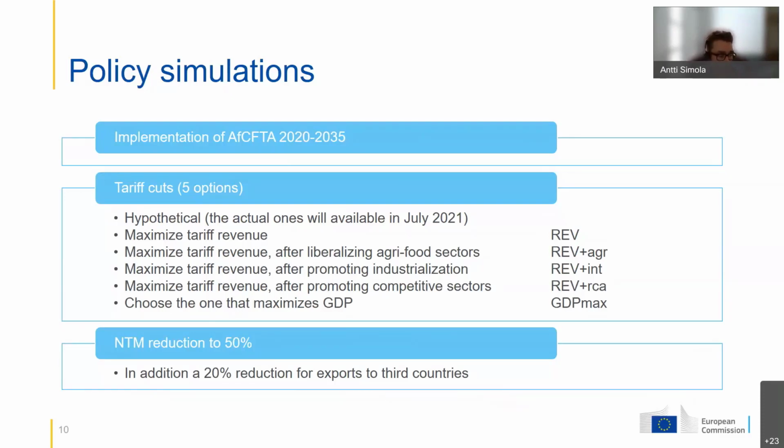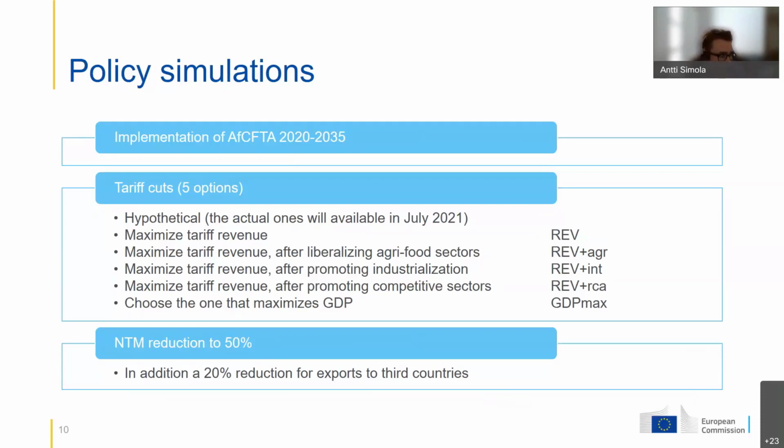In magnitude, our NTM assumptions are in line with the recent World Bank study, but we have one twist concerning the modeling of the NTMs, because we use a mixed approach where we allocate NTMs to productivity costs, iceberg costs, and ad valorem equivalent effects.